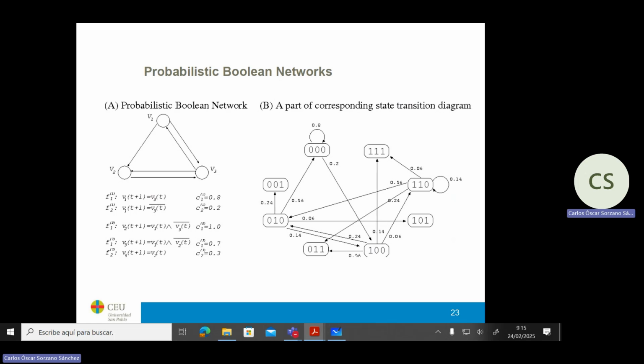And this influence is that V1 will have the same state as V3 at t plus 1, or the opposite. And then this effect is much more likely than this one. So V1 can have either of the 2.